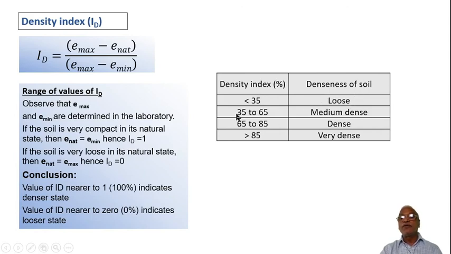And then if the value is between 35% and 65%, that is ID equal to 0.35 to 0.65, then we can describe it as medium dense. And then if the ID is between 65% and 85%, then it can be described as dense. If value of ID is more than 0.85, that is more than 85%, then it can be described as very dense in its natural state.